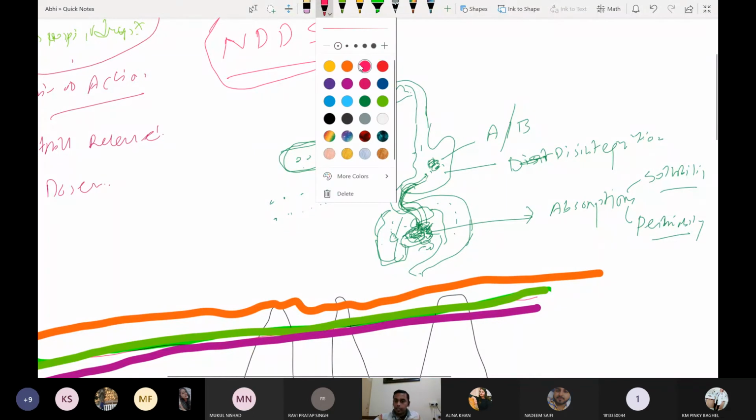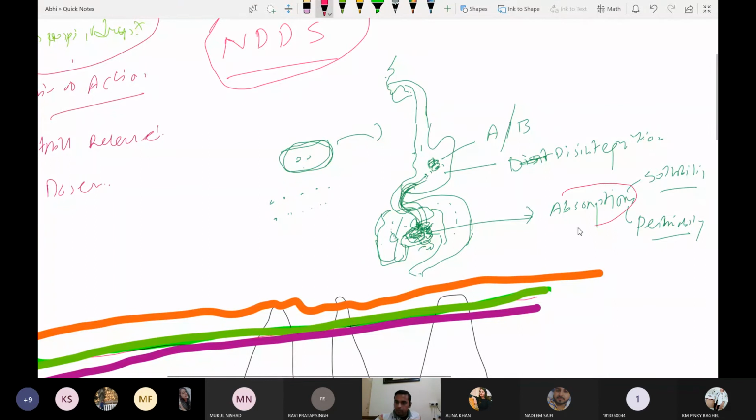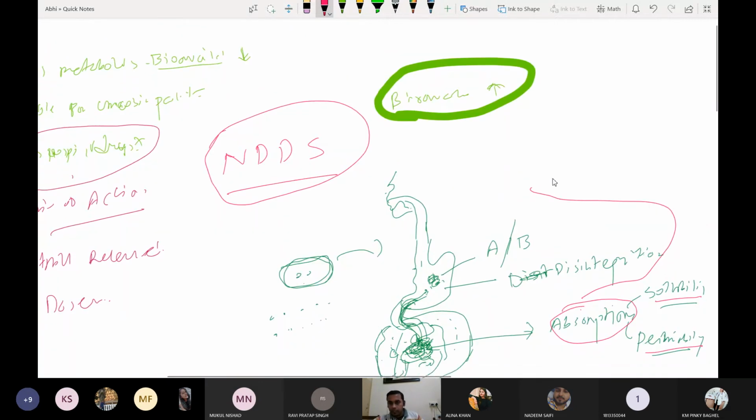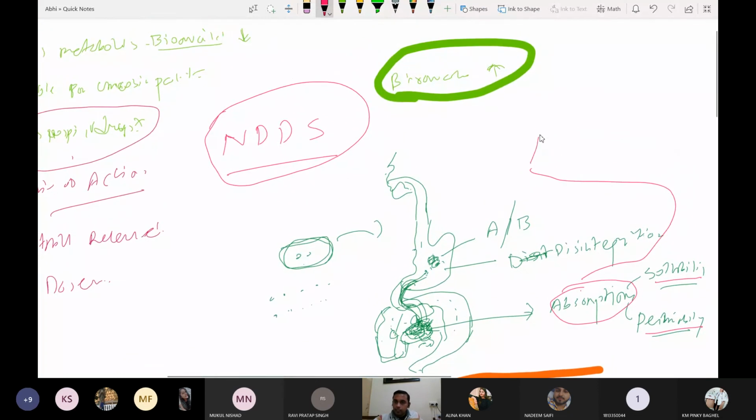Yeah. So that's why for absorption you need good solubility and permeability. So after absorption, what next? After absorption, whatever percentage remains in your systemic circulation, that is the fraction of the drug. You have taken this drug, it reached here, where it has broken into pieces.